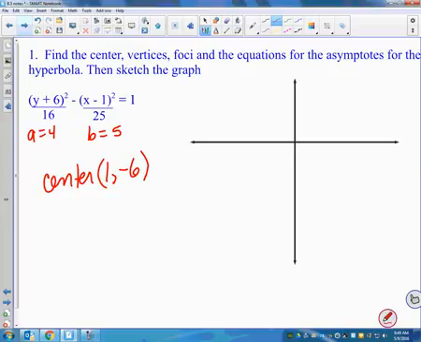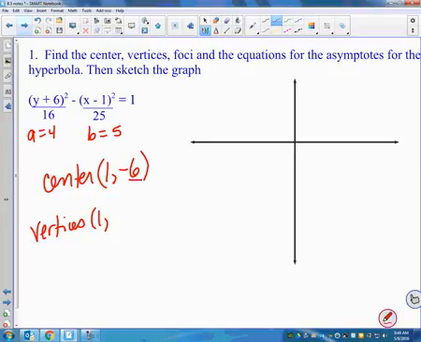And then, to find my vertices, because A is under Y, that means it's going to be up or down. That means I'm going to be moving A units up or down. And if you want to graph it first before you write this out, you can. But that's how I think about it in my head. I don't have the formula memorized, but I know that this means up or down. Up or down means it's going to move the Y coordinates.